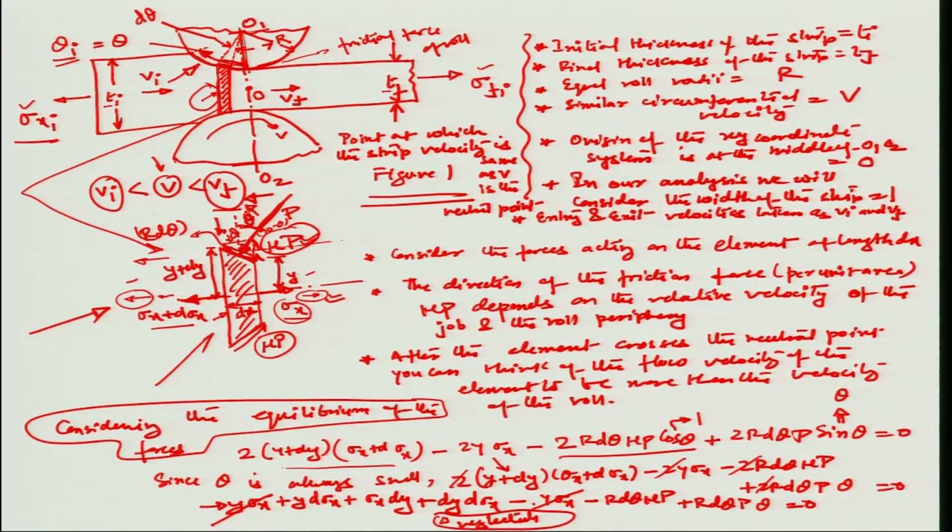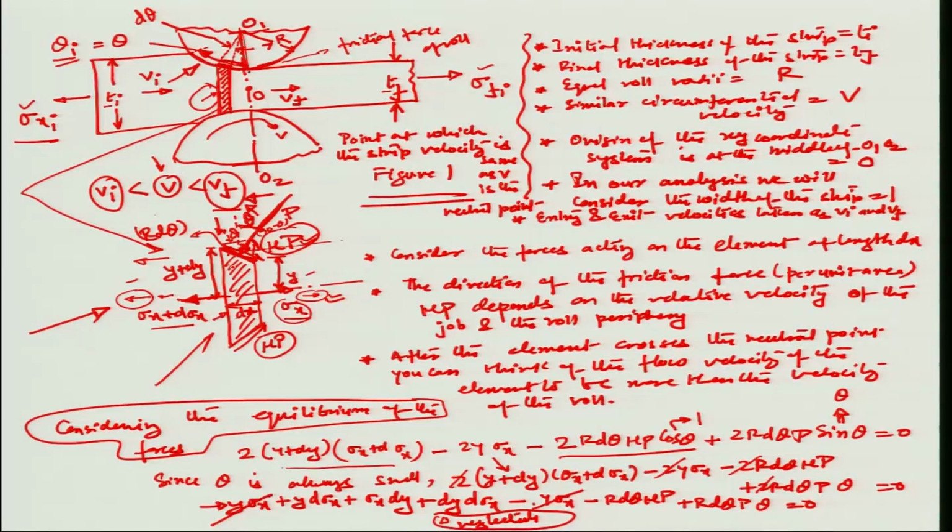So this is P cos theta times the area of this particular sheet, which is nothing but the radius of the roll times d theta. This r d theta is the length of this particular element, times 1, the width of this element, which gives the area.